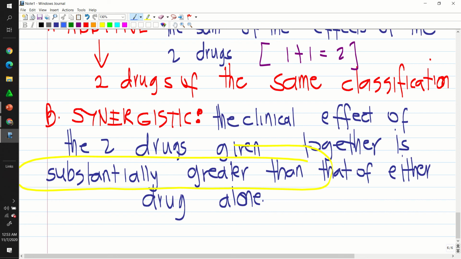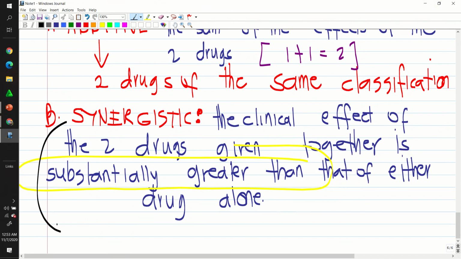Why give it? It will inhibit bacterial enzyme activity, which enhances the effect and broadens the spectrum of activity of the antibacterial agent.